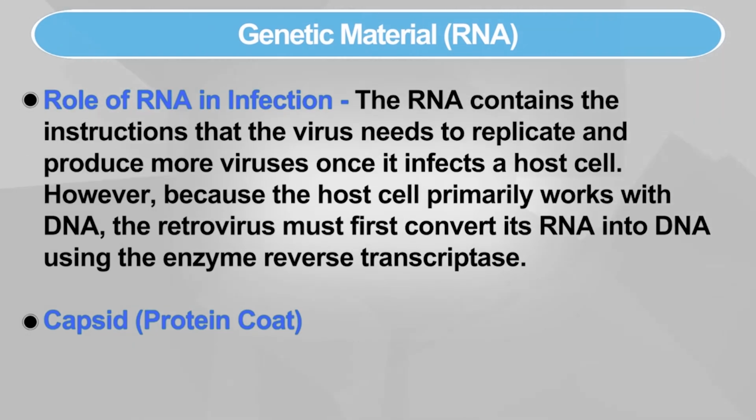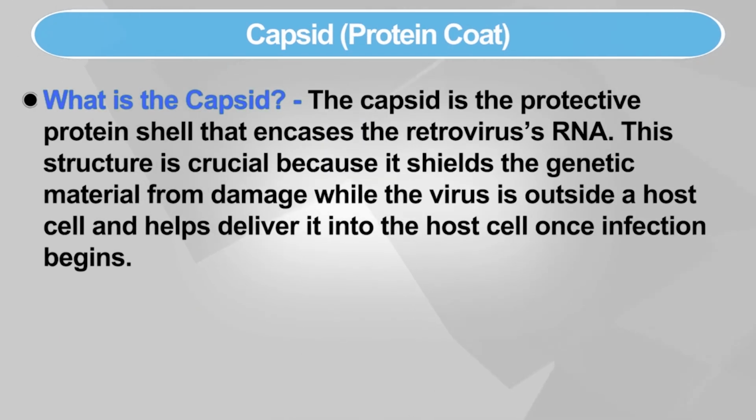Now, the next component is the capsid, or the protein coat. The capsid is a protective protein shell that encapsulates the retrovirus's RNA. This structure is crucial because it shields the genetic material from damage while the virus is outside a host cell. It helps to deliver the RNA into the host cell once infection begins.